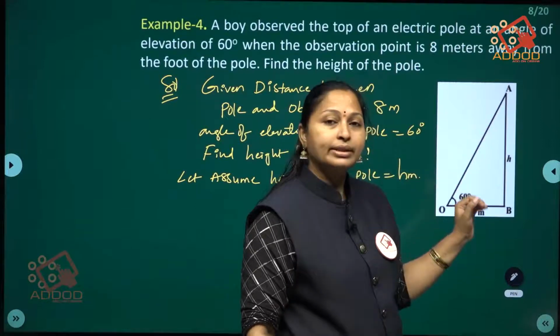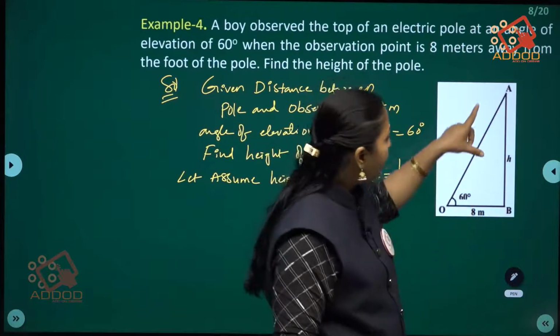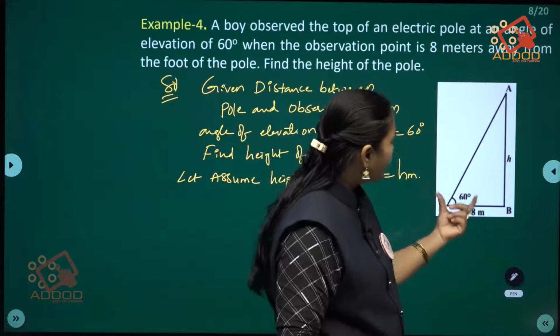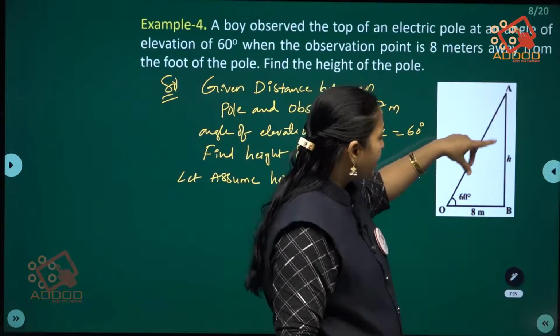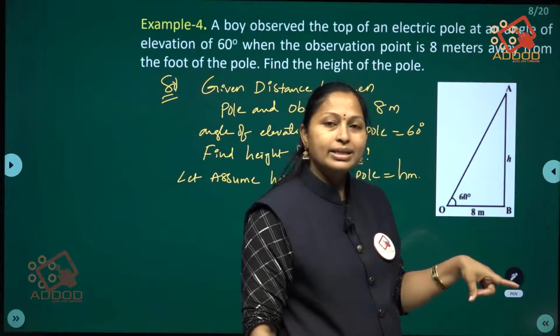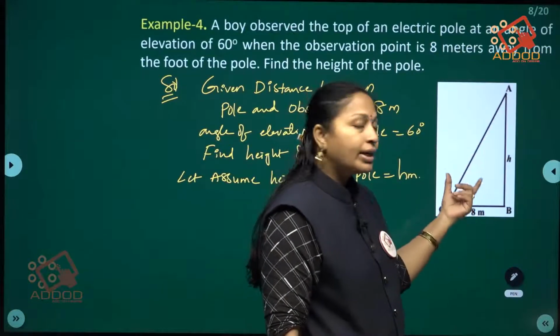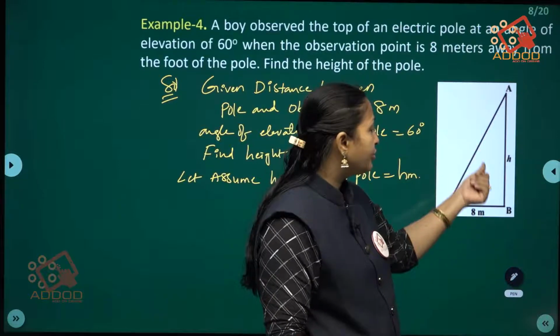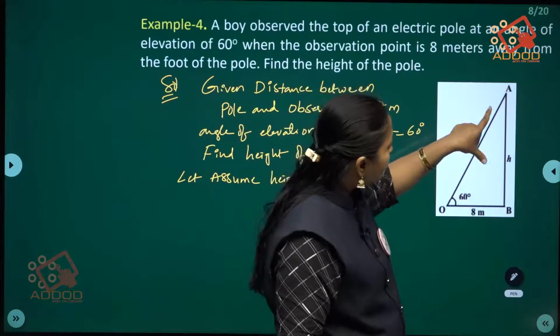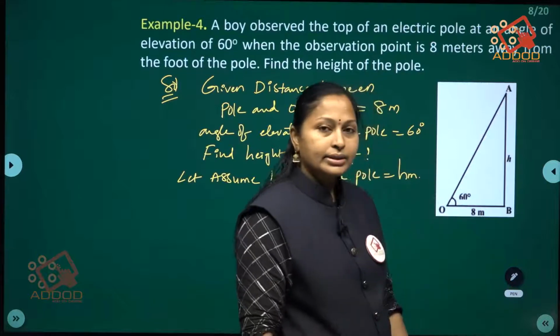Now choose a trigonometric ratio involving this AB side and OB side. So this AB will become opposite side and OB will become adjacent side. Now the required trigonometric ratio is tan theta. So tan 60, it is opposite side by adjacent side.